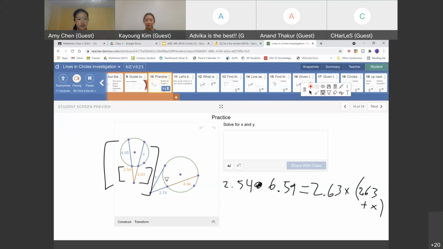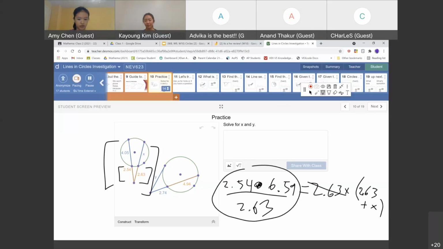The reason this one is harder is because the x is in the parentheses. So I think some of you might have made a mistake at first and put x as a or something. But x is in the parentheses, so it needs to be added to 2.63 before you solve for it. So we divide both sides by 2.63 and evaluate this side first because that makes things easier.